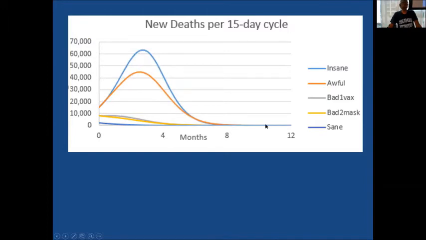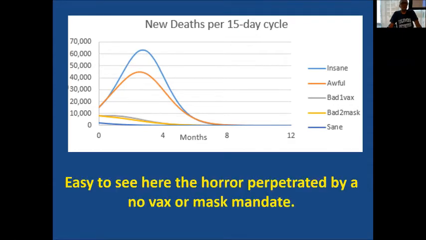So we get a curve like this. This is something that you have in your spreadsheet. And so I have these 5 curves here, and you can see that these 2 curves really stand out, the first 2 groups of states. And so you can see that, in fact, the outcome is very, very bad if there is no mandate at all.